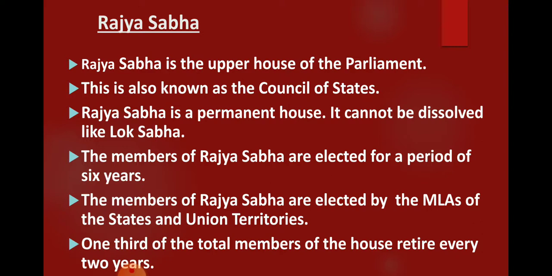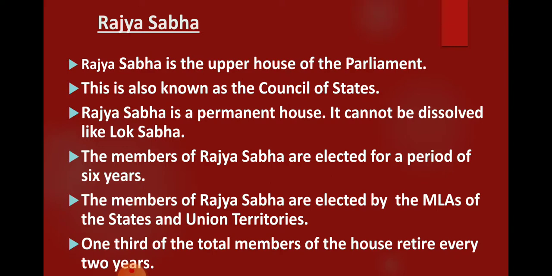We studied that Rajya Sabha is a permanent house and the normal term of office of a member is 6 years. So in every 2 years, 1/3 of the total members of the house will get retired.